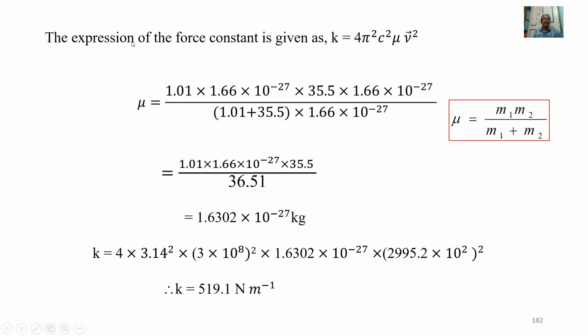Now the force constant K equals 4 pi square C square mu bar square. Of course, we know all the values; we have to calculate mu alone. The reduced mass is nothing but m1 m2 divided by m1 plus m2. So mu equals 1.01 multiplied by 1.66 × 10^-27 multiplied by 35.5 multiplied by 1.66 × 10^-27.